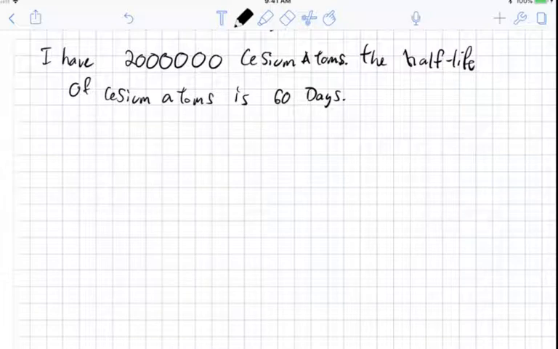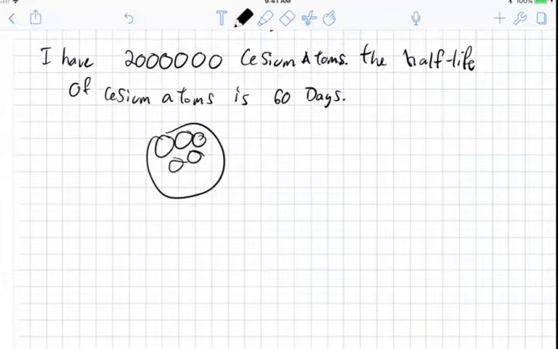So the model for describing the decay, radioactive decay. How does radioactive decay work? You have a bunch of atoms in your object, and then randomly some of them radioactively decay into other elements, and then you have fewer cesium atoms after that happens.